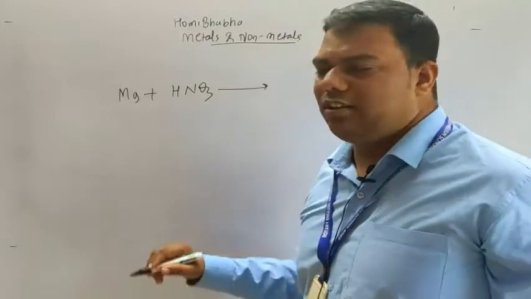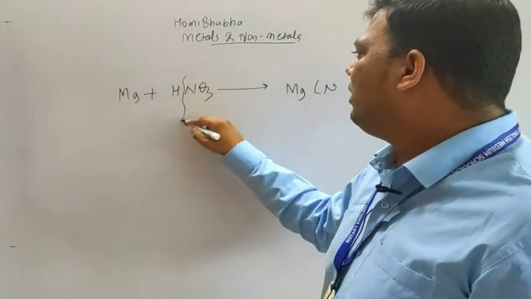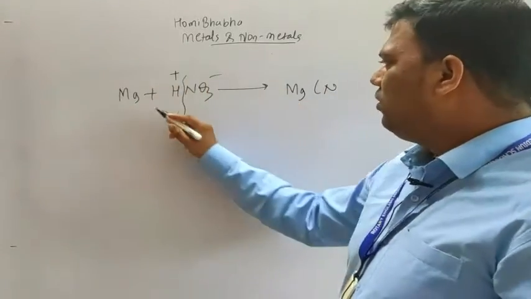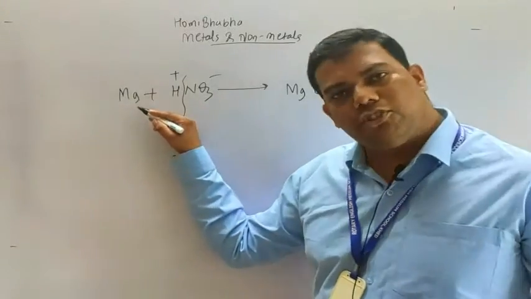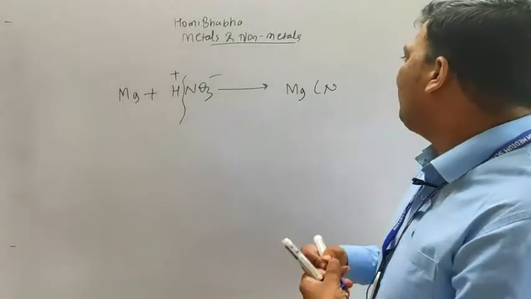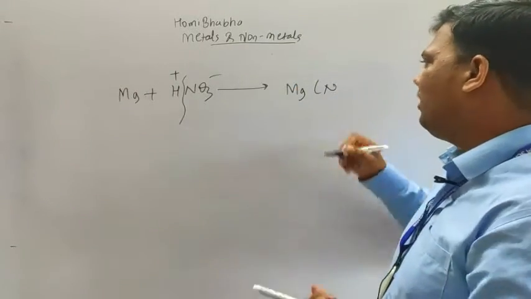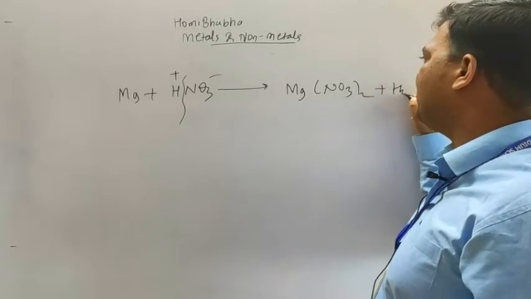Here we can break it into plus and minus ions. As you know, a metal is electropositive, so it takes the negative ion. So what will you get here? Magnesium nitrate plus H2 gas.